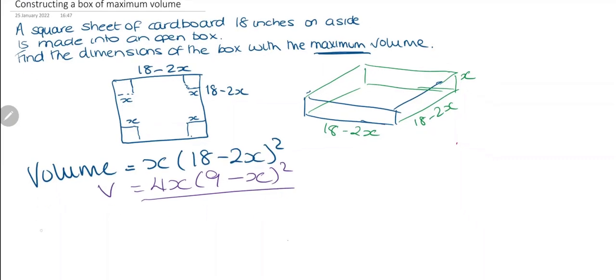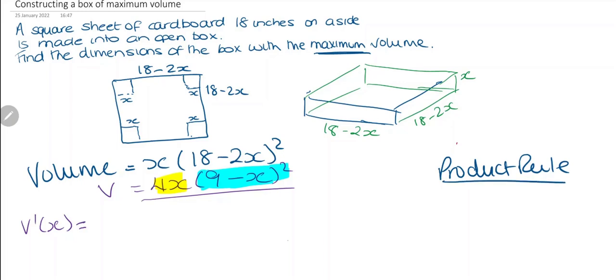So if we take the first derivative with respect to x, because we have two terms, we're going to use the product rule and the chain rule.